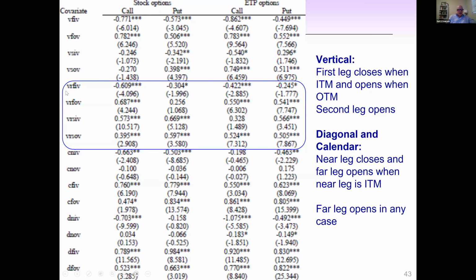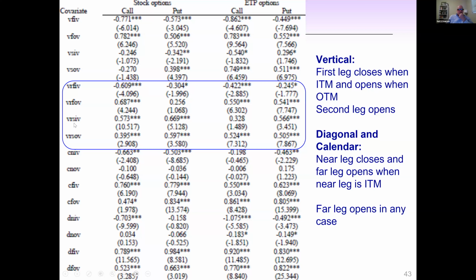But this would be trades, vertical ratios, the first leg, that is for a call, the lower strike leg, is in the money volume, and the coefficients are large and negative. So we interpret this as vertical ratio trades, when the first leg is in the money, are predominantly closing trades. Vertical ratio trades when the first leg is out of the money are predominantly opening trades.